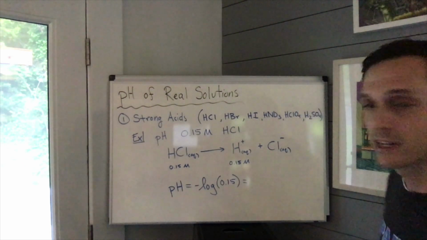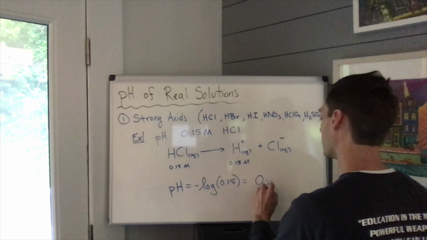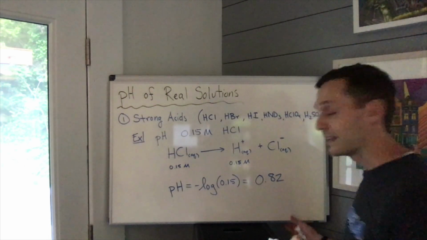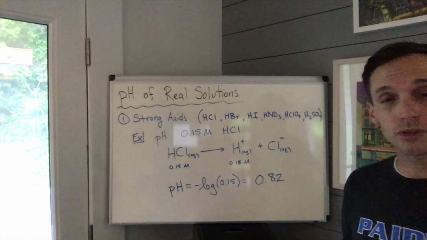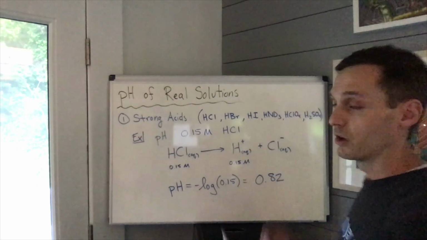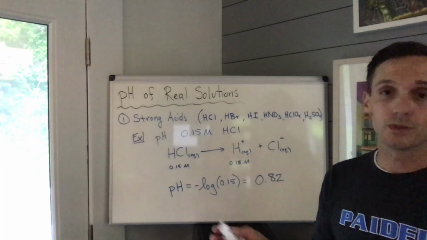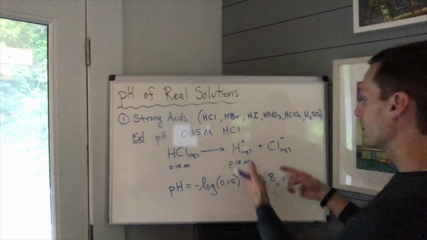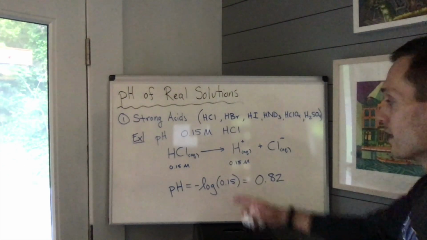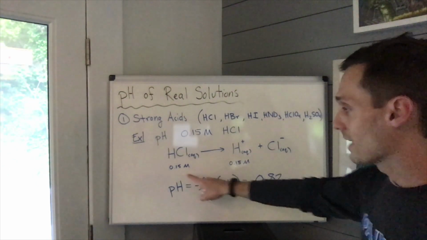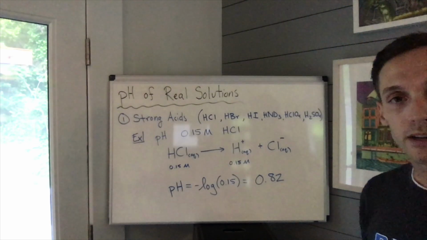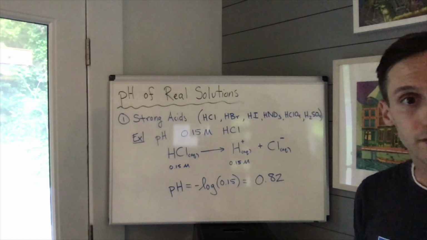If you plug that into your calculator, you will get a pH of 0.82. Okay, so it's a really easy way. All you're doing is dissociating 100% of the acid into protons and the anion. They're going to be the same concentration here, and so you just plug that into negative log.